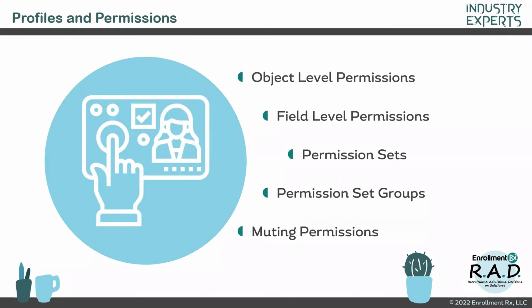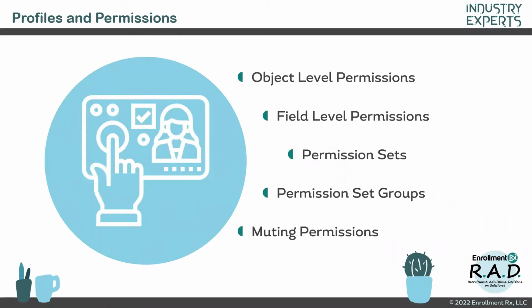So where organization-wide defaults, sharing rules, and role hierarchy control what records within an object you can access, profile controls what data can be accessed and manipulated within those records, if at all. Object level permissions are used to determine what actions can be performed on an object. If a profile doesn't grant your user read access to an object, it doesn't matter what records the sharing model grants you.